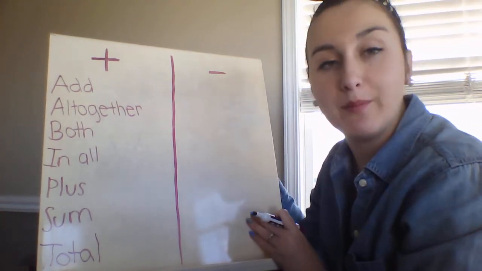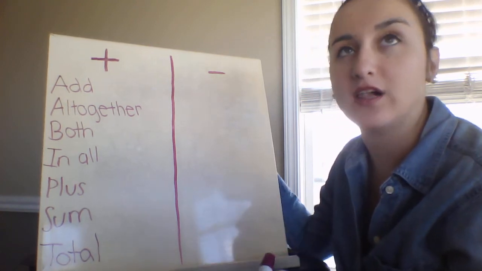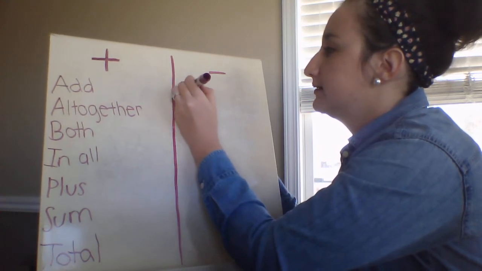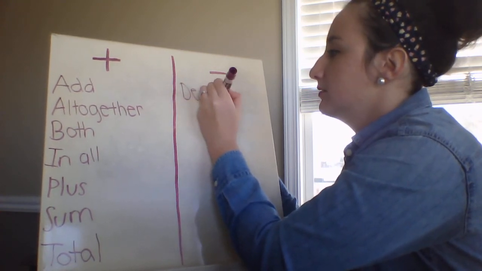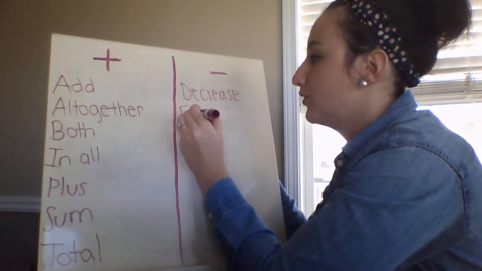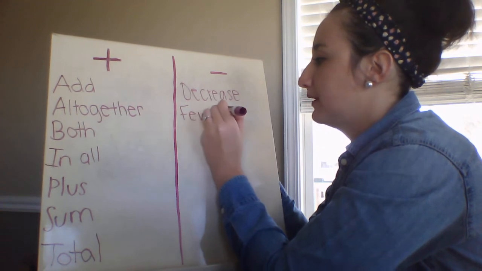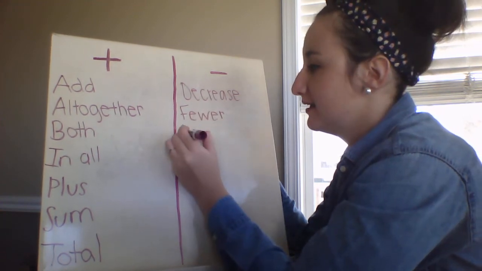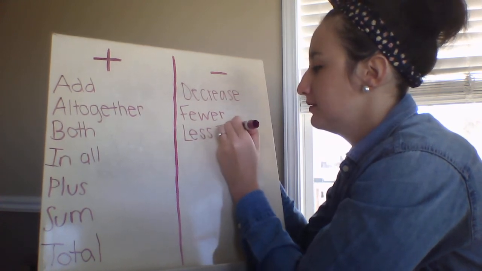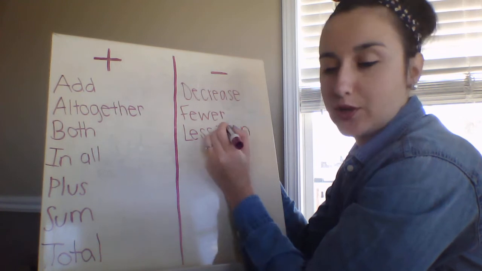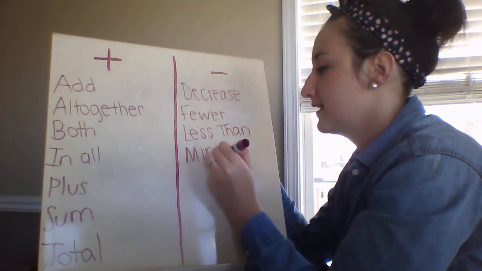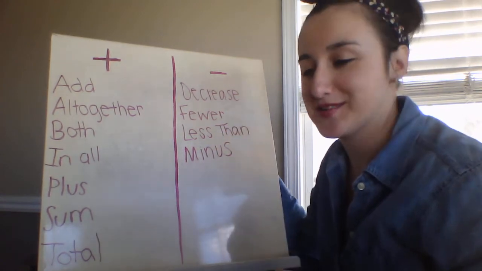And we are going to come up with words that you might see in a word problem that will let you know to subtract. If you see the word decrease, that would let you know to subtract. If you see the word fewer, that would let you know to subtract. If you saw the words less than, that would let you know to subtract. If you saw the word minus, that would let you know to subtract.